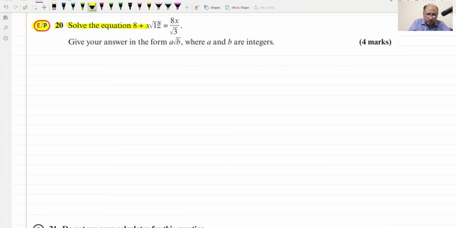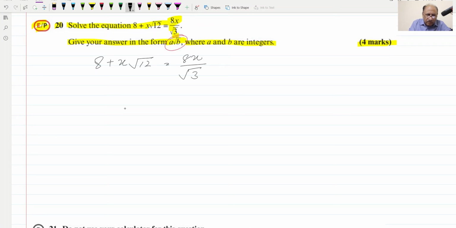It says solve the equation, this is equal to 8 over root 3. Give your answer in the form a root b, where a and b are integers. This format of answer is required, and this is a 4 mark question. So we have to provide complete working. Our given equation is 8 plus x root 12 is equal to 8x over root 3.